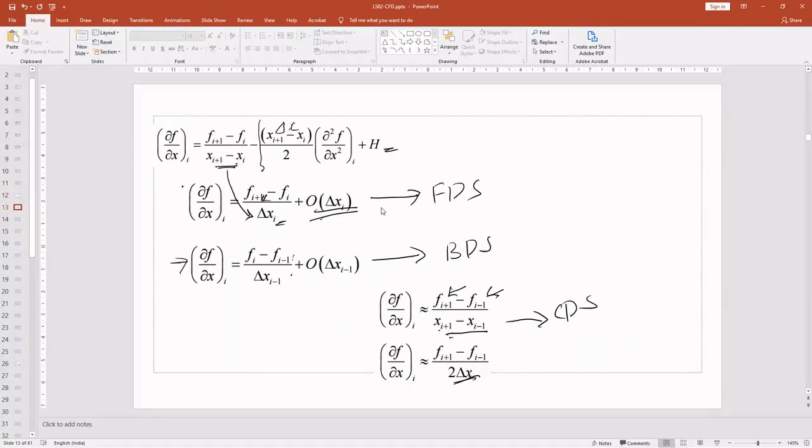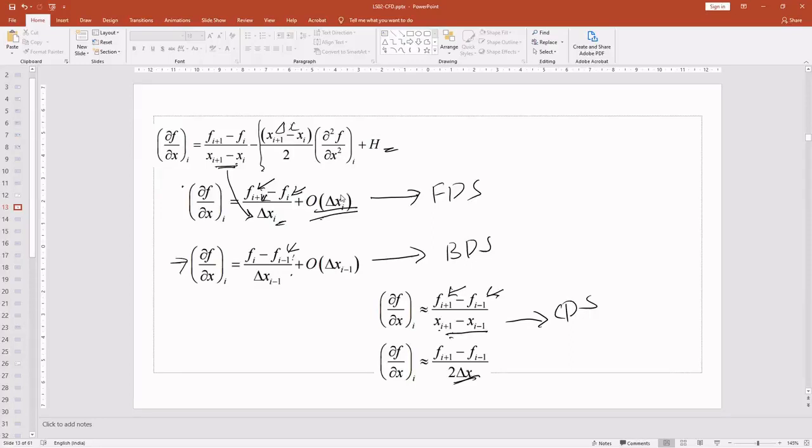If you look at these equations, when we are establishing an equation at the ith point, we only need either the point ahead of it or the point behind it. So we only need the information from one side.